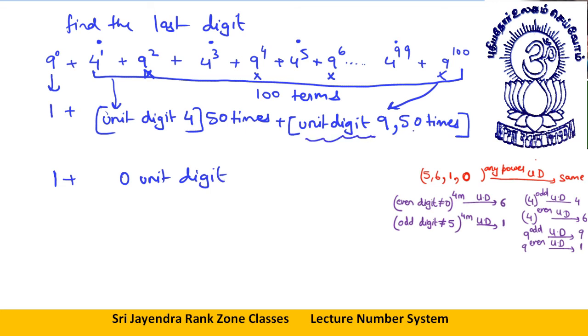Whatever comes over here, if you multiply it by 50, you will get a 0 unit digit. So that way your answer will be 1. Okay, this is your unit digit.